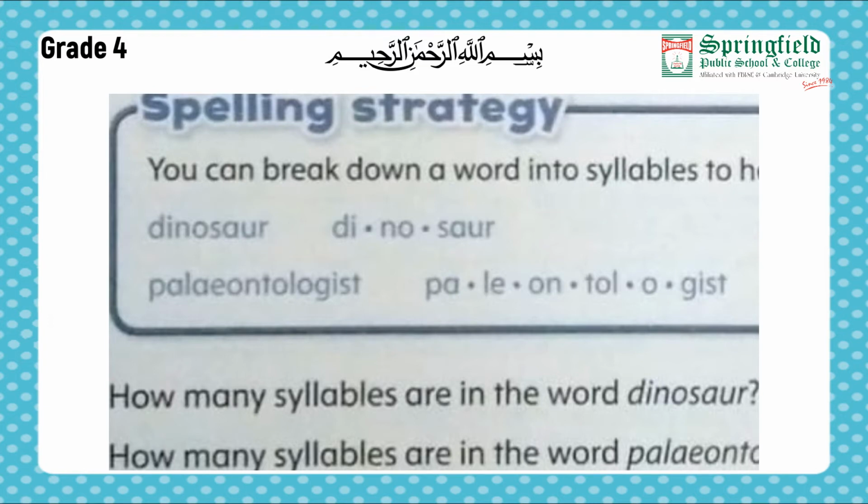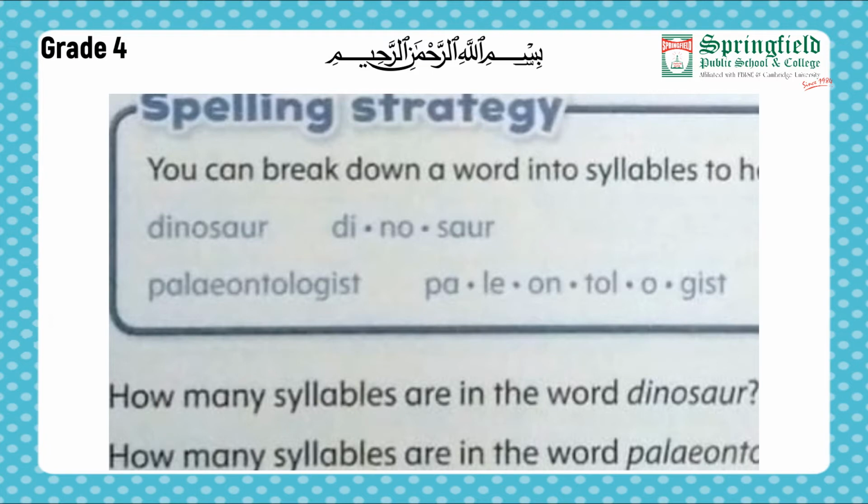Now, let's give a look at the second word, paleontologist. Now, in front of it, if you see, paleontologist is divided into 6 syllables. And if you look at each division closely, you will find one vowel, 100%.